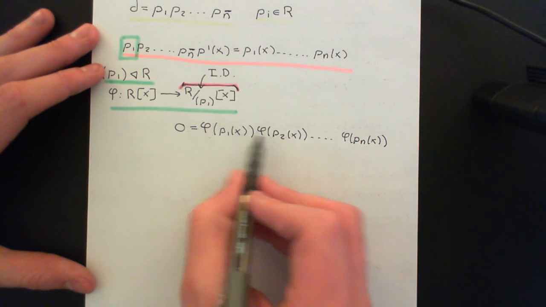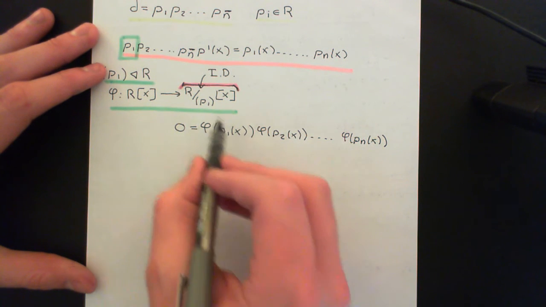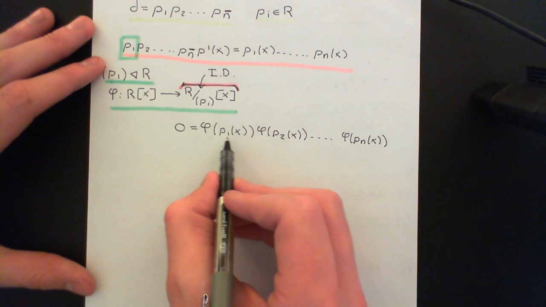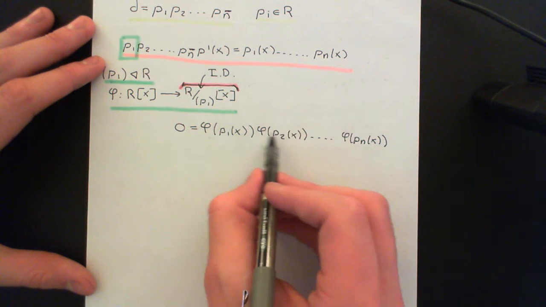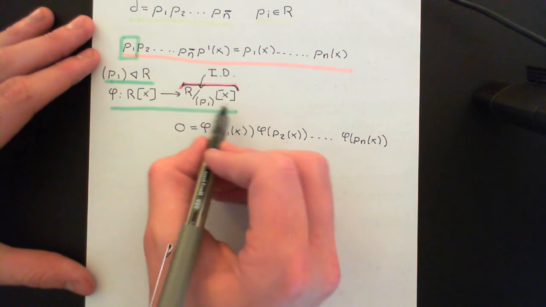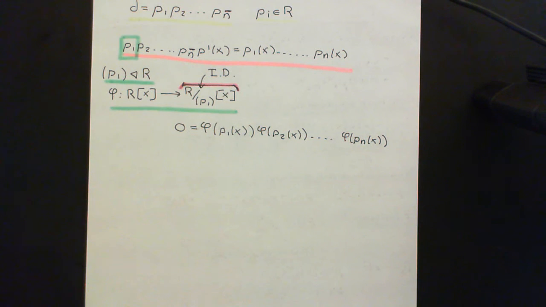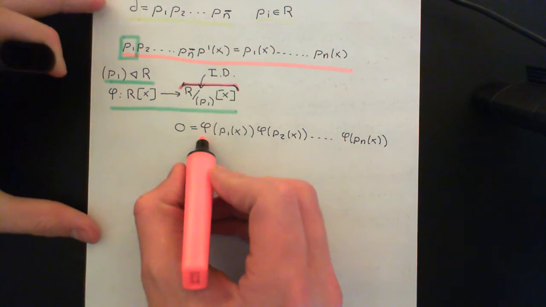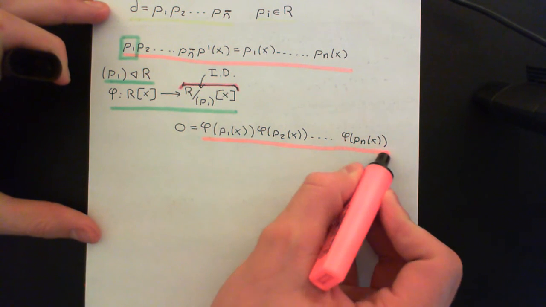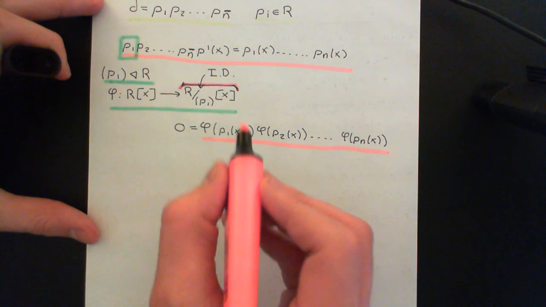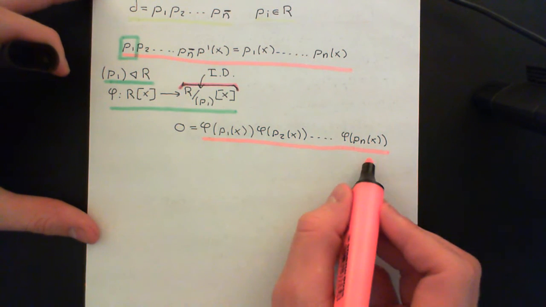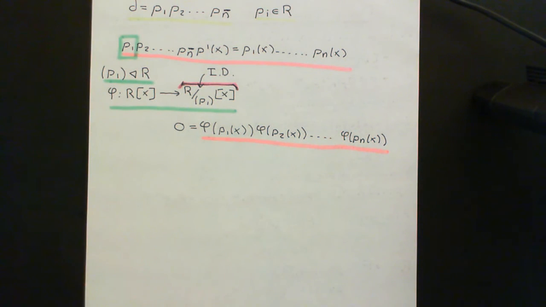Where you're now multiplying these polynomials, taken modulo this principal ideal generated by P1, and multiplying them together in this ring of polynomials over this quotient ring rather than the original ring of polynomials over the unique factorization domain. Now, because this is an integral domain, we know that the only way that you can multiply these polynomials together and get 0 is if one of them is 0.